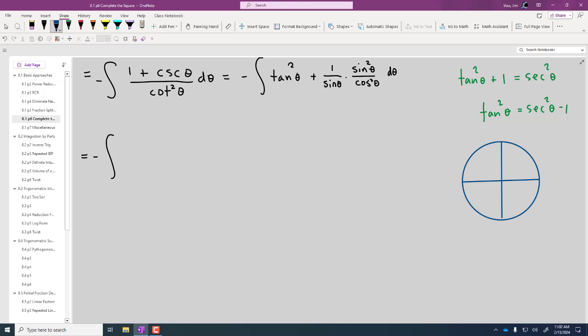So, if you take an angle in the unit circle, and let's just suppose I am at that angle, and you extend it, and then drop this down here. So there's theta, right there.